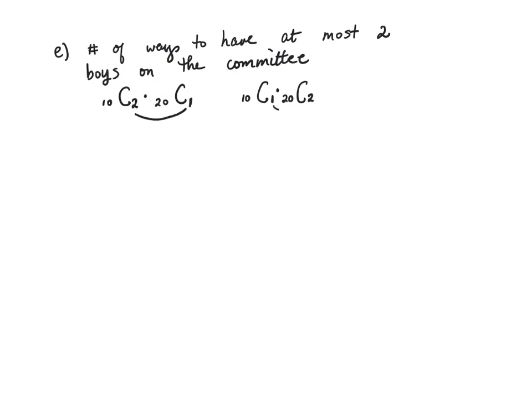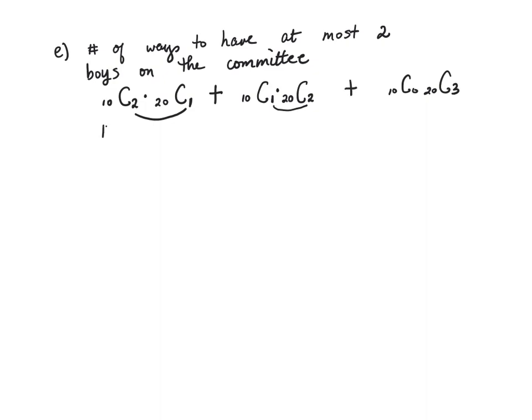And then finally, we could pick no boys for the committee, and we pick all the girls from the 20 that remained. And because either one of these is possible, we add them.